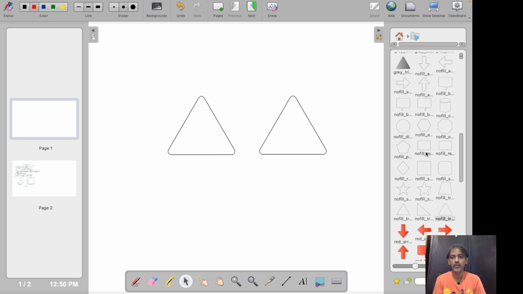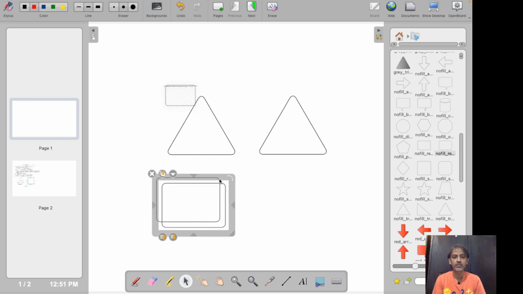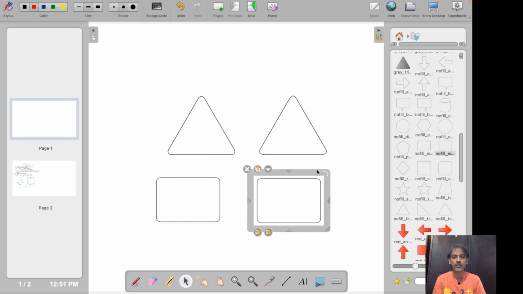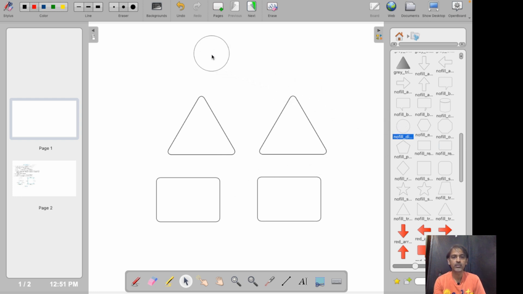Similarly, you can also have a rectangle. Make it a little bigger again, and then again take a copy of it. So this is again going to be a congruent shape. And we have also studied that if two circles have the same radius, then they are also said to be congruent.